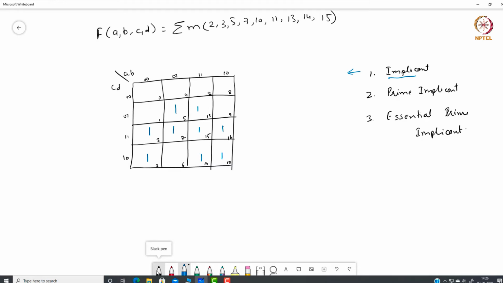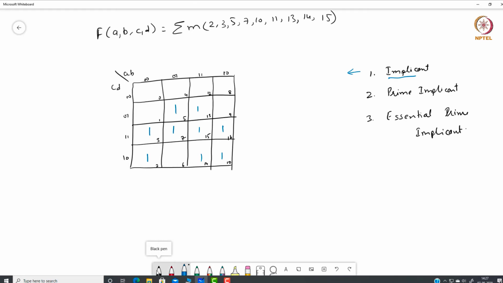Reverse is not true, but if min term 2 is there, then the function has to be true. So in other words, any implicant is a subset of this sum of product expression. So all these min terms form the implicant, and similarly let us say we group some of them.